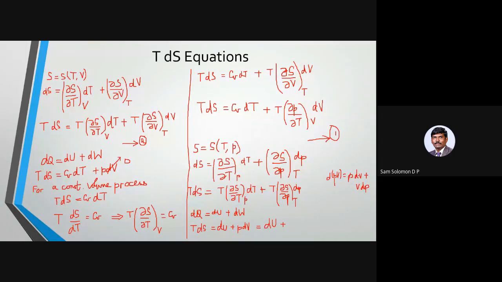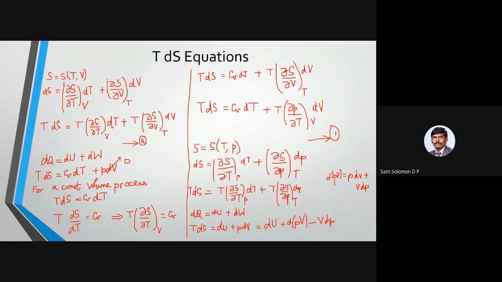So PdV can be written as d of PV minus VdP. So we can write this as d of PV minus VdP, and you can combine the differential terms.